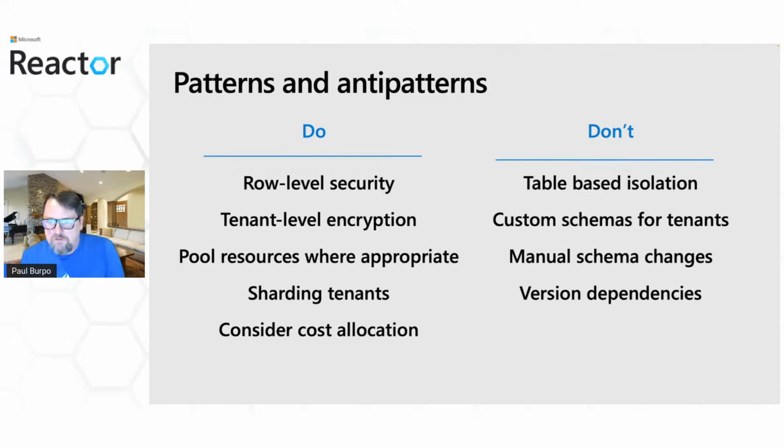Some anti-patterns that customers struggle with. Table-based isolation, while it works, if you put multiple tenants in the same database and do schema isolation or something like that, we find that it gets unmanageable with just a few, 10, 15 customers in there.